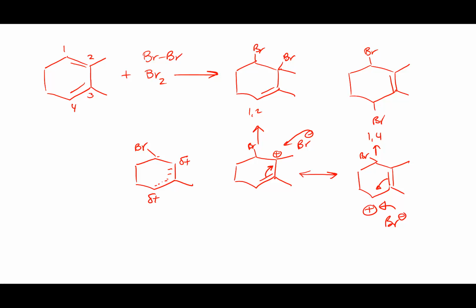So that would be the resonance hybrid. So I'm just treating the Br as a Br plus, like an H plus, in this case, which is the easiest thing to do.